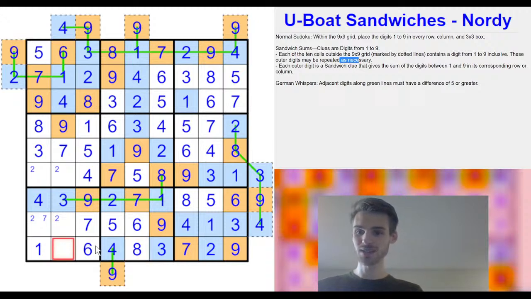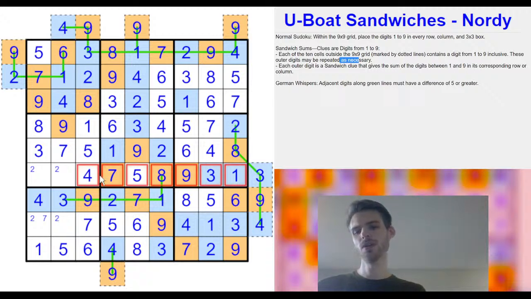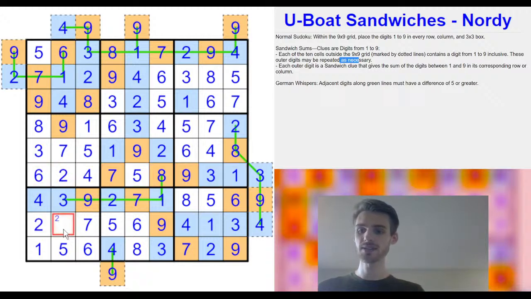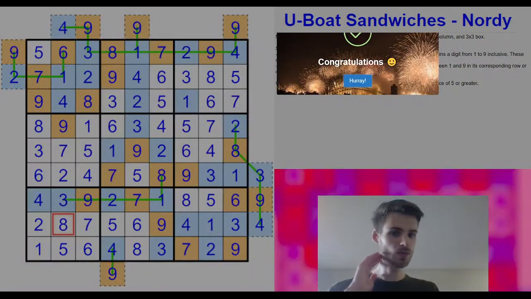So this cell is going to be a 5, which also doesn't resolve the 2, but I'm guessing that these will be different digits, so 6 in here is resolved. Okay, perfect. So that's a 2, and this digit is the last digit. It's an 8. Woohoo! That was only 37 minutes. That was a really good puzzle.